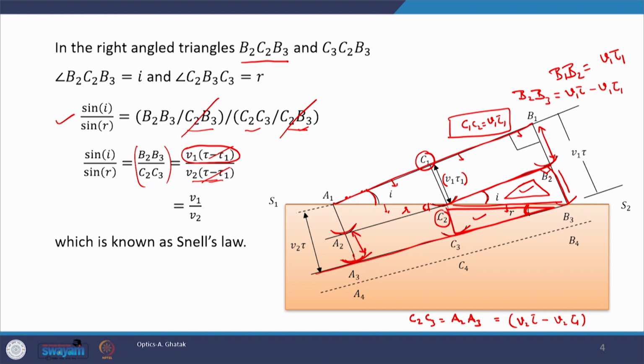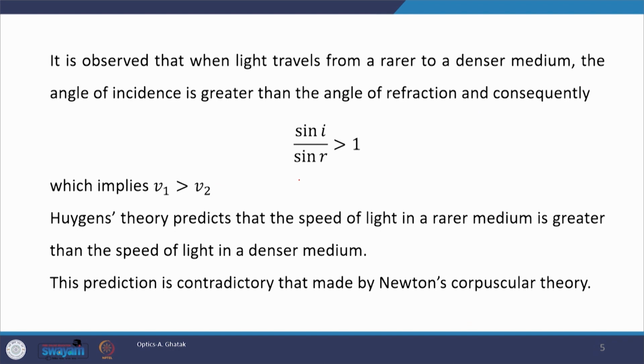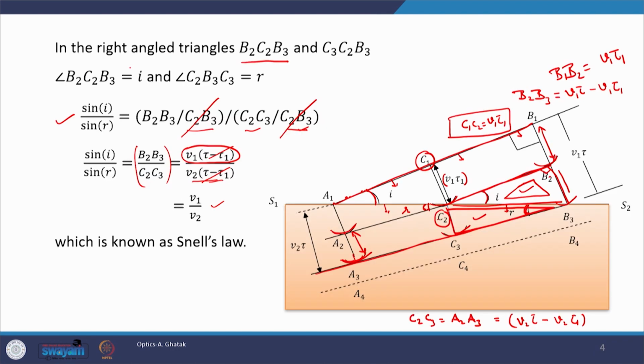Now, having known the expression of sin i by sin r, which is equal to V1 by V2, we know that it verifies Snell's law. Now, in the figure itself, you can see that since this is a denser medium, we assume that it is denser, and this is a rarer medium, then what will happen?